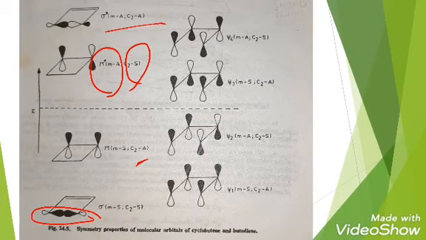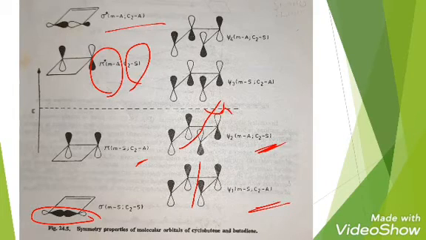In butadiene, the psi1 orbital is symmetric with respect to the mirror plane and anti-symmetric with respect to the C2 axis. The psi2 of butadiene is symmetric with respect to the C2 axis of symmetry but anti-symmetric with respect to the mirror plane.